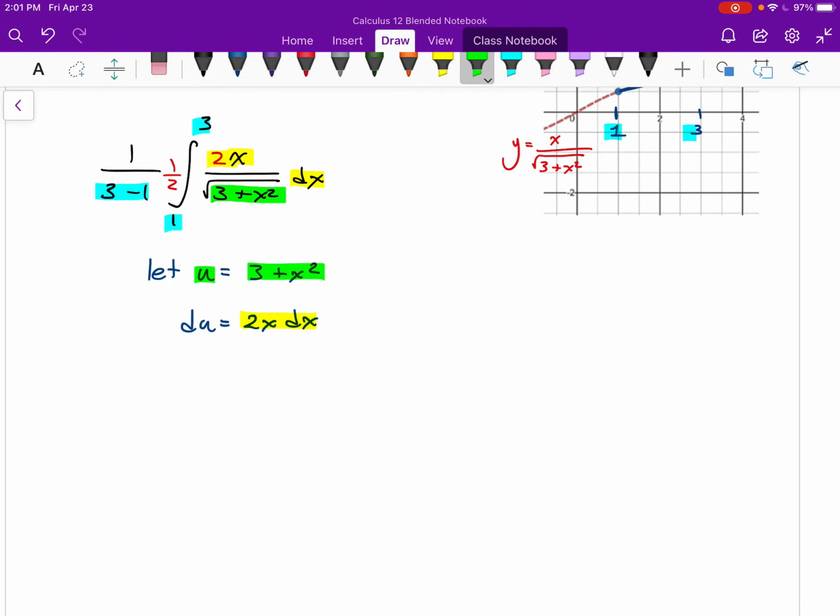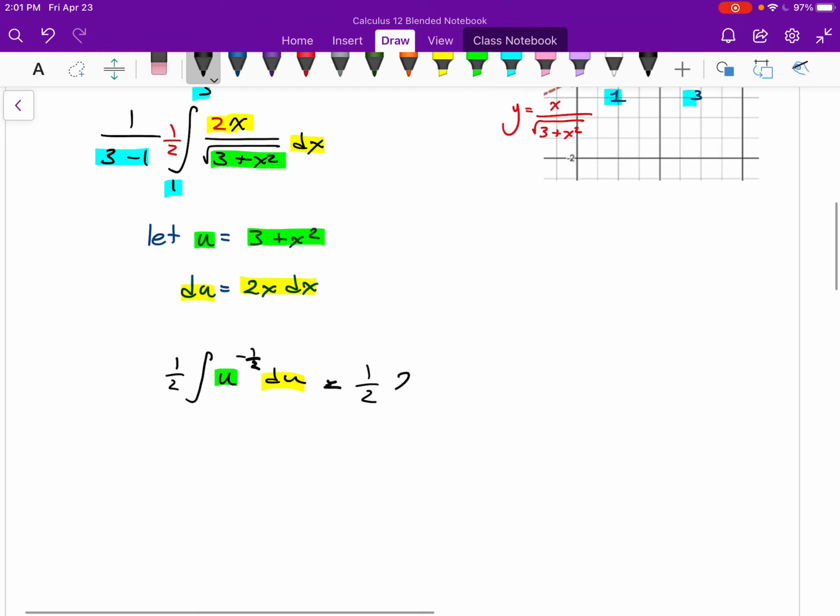And again, I'm going to ignore the 1 over 3 minus 1 for a moment. I'm going to focus on my antiderivative. So focusing on the antiderivative, I have the integral of 1/2 of just u to the negative 1/2 du. And using our power rule, I have 1/2 times 2u to the positive 1/2 plus some constant.